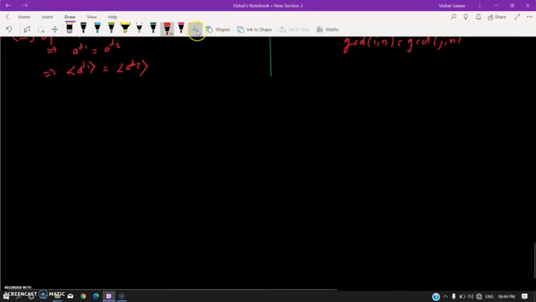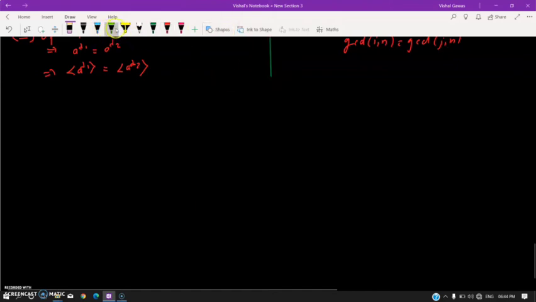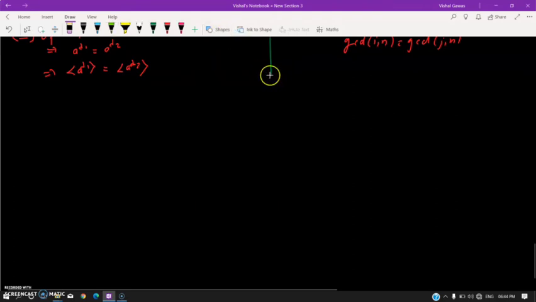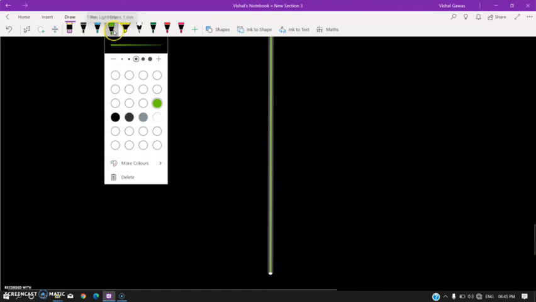Now, to prove the next part, I have to claim something. Let me draw a line for our reference so that we can divide this exactly into two halves. So let's use a pen.